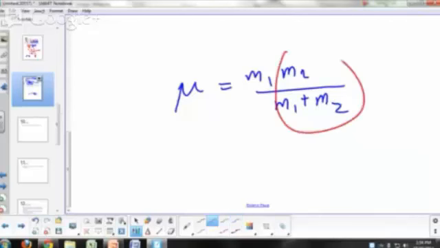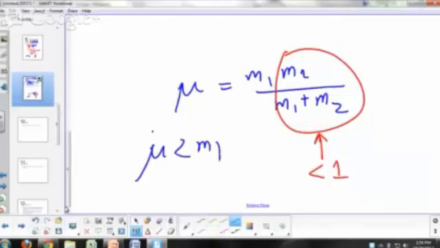What's the ratio of m2 to m1 plus m2? What's the mass of particle 1 divided by the total mass? What number would that be? Less than 1? Greater than 1? It's going to be less than 1, right? So in other words, your reduced mass is less than m1.